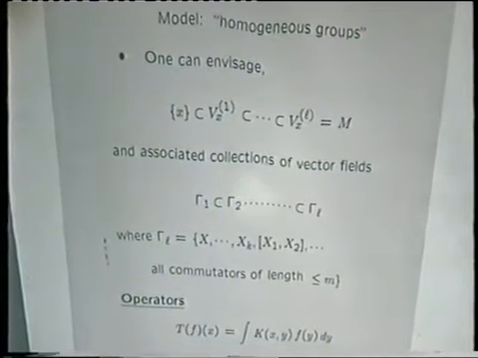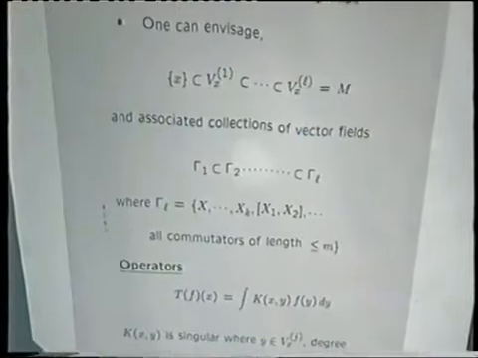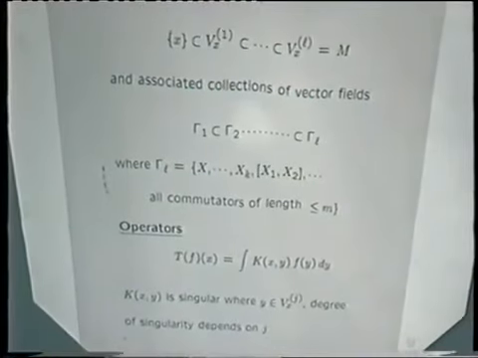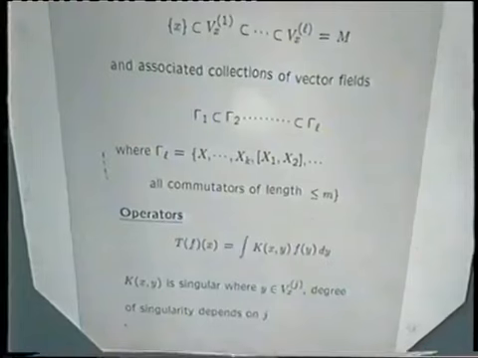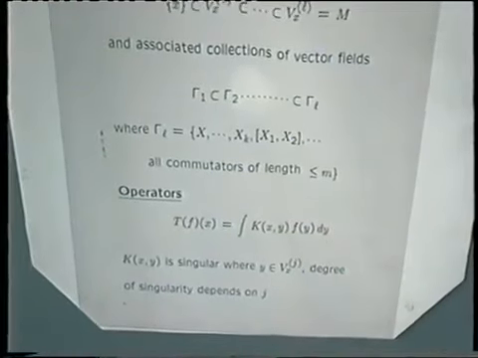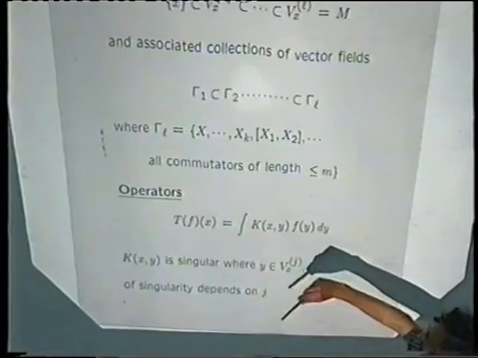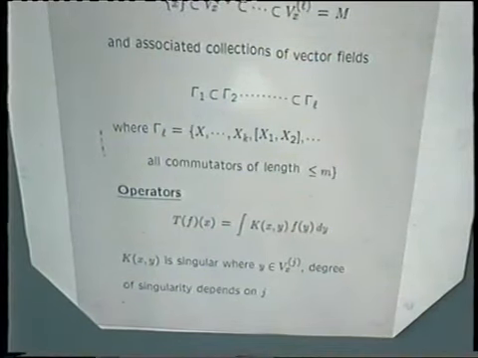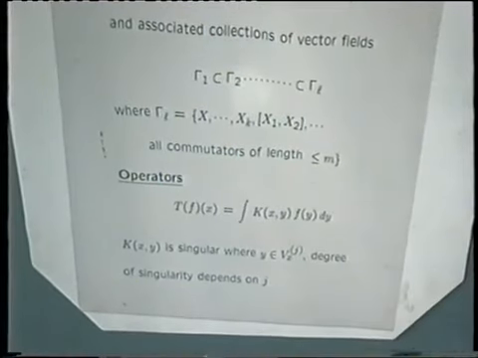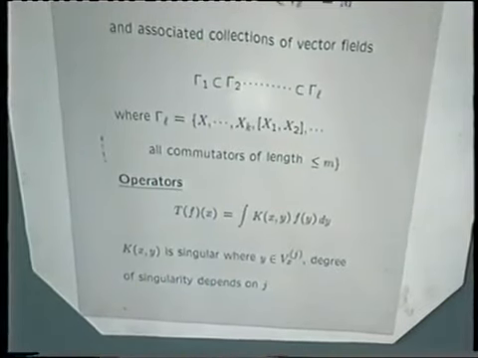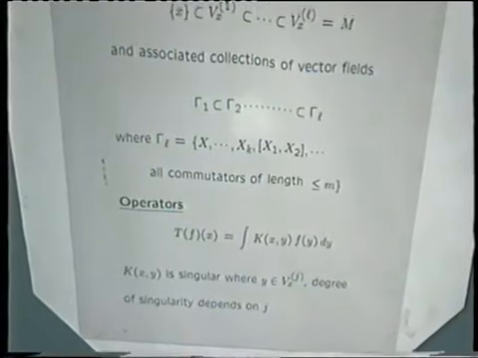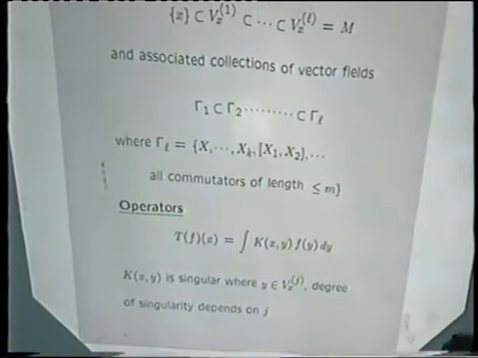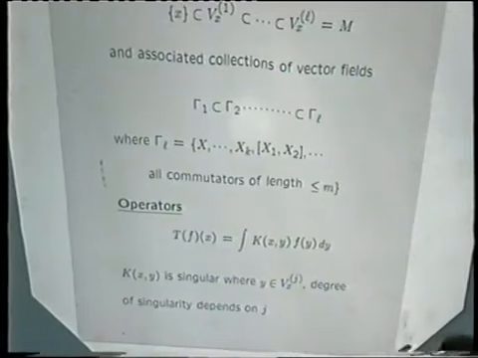And associated with these will be a corresponding increasing family of vector fields, so that the Lth collection, the full collection, consists of starting with certain vector fields x1 to xk, and then all their commutators of length m. That will be the underlying data. And now, again, this is all very vague because we don't know exactly how to state this. So it's my last few minutes. I'm allowed to be vague.